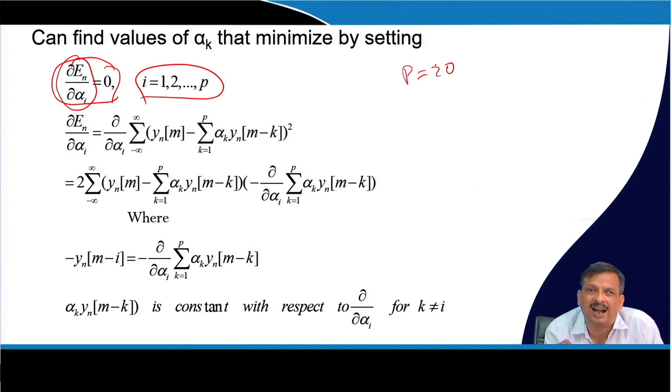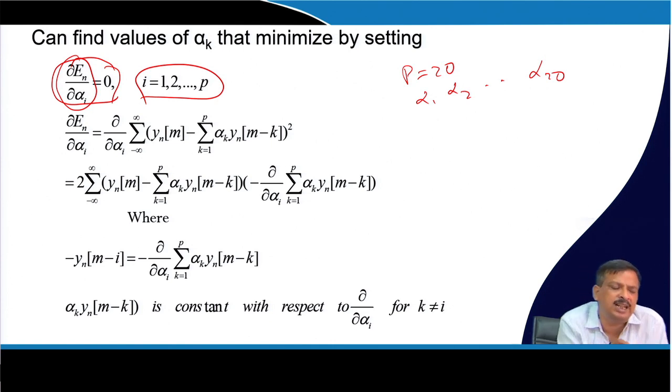That means the current sample is a linear combination of the previous 20 samples, so there are 20 coefficients, alpha 1, alpha 2, up to alpha 20. To minimize the mean square error, the derivative with respect to alpha must be 0, so dE_n by d alpha_i is equal to 0.